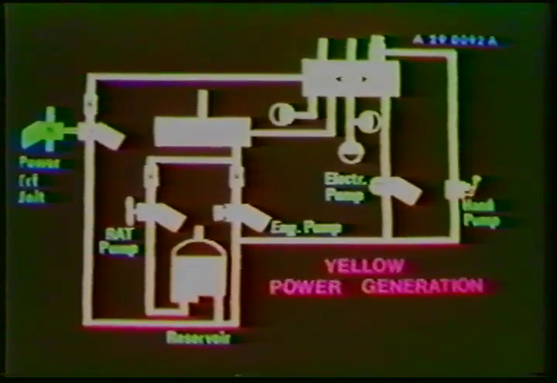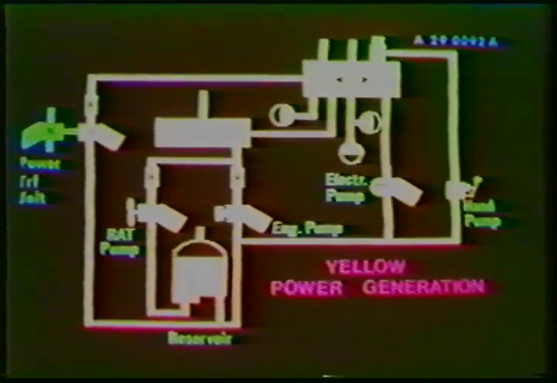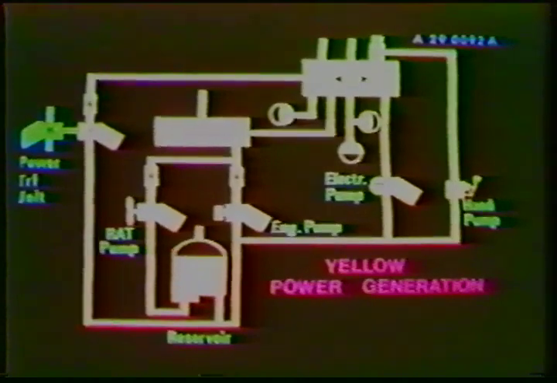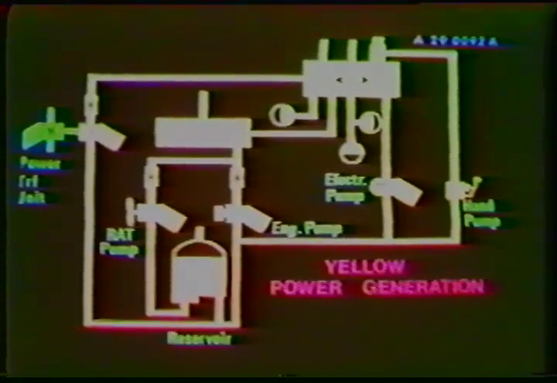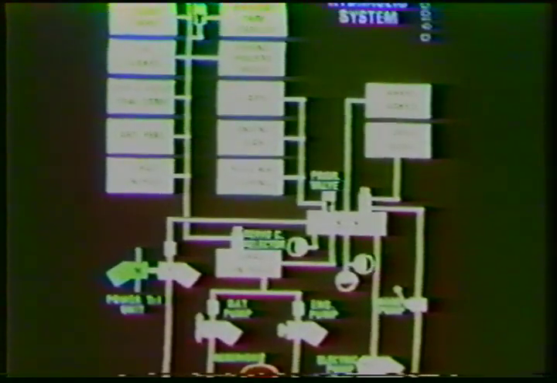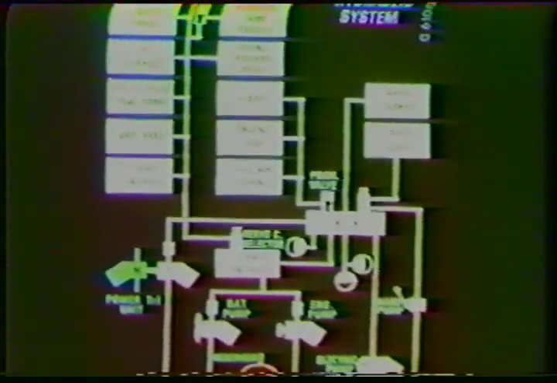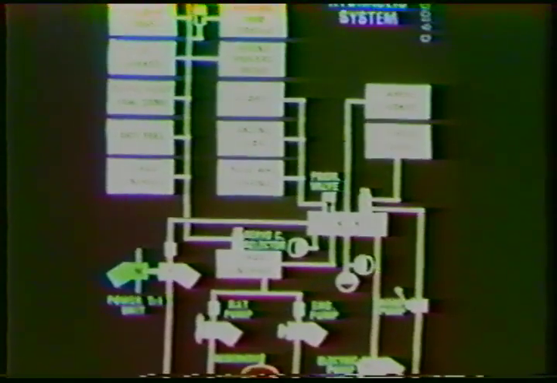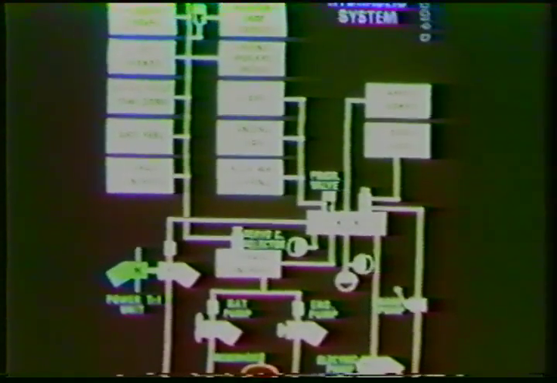Moreover, the yellow system has two priority valves, one to isolate units powered by the pressure manifold, and another for the yellow supply to the horizontal stabilizer. The latter is shown at the top left side of the schematic.